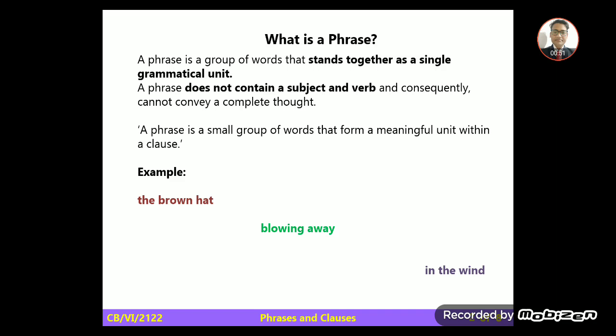It has no subject and verb, and it does not make a meaningful sentence. More than two or three words may be there, but all those words will not make a complete meaningful sentence.